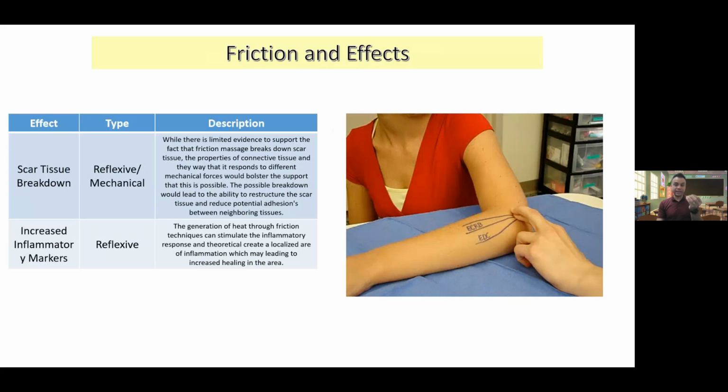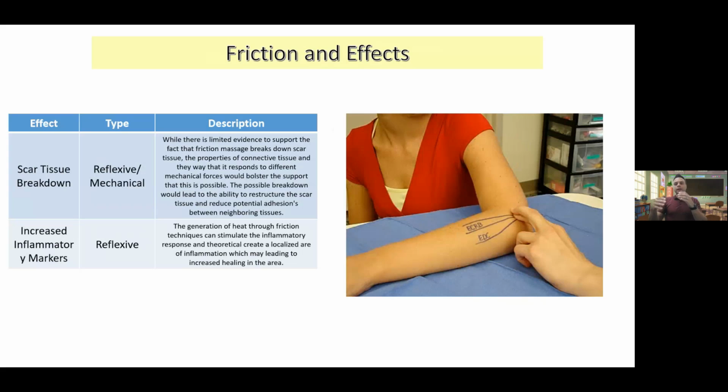And based off of that, it would theoretically seem possible that friction, which produces an inflammatory response and generates heat, could essentially break down these tissues, which then could allow them to restructure and reorganize in a better, healthier manner, especially in the sense of reducing what we call adhesions between tissues.